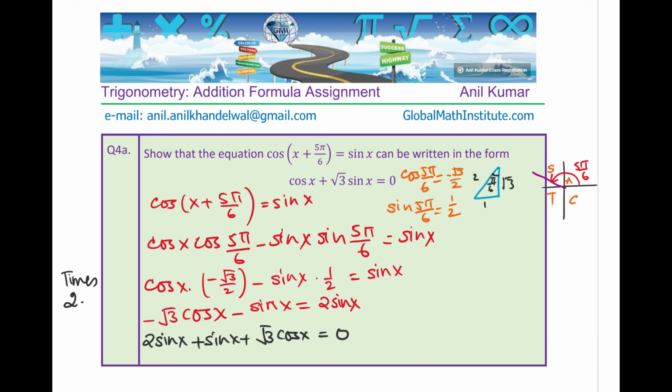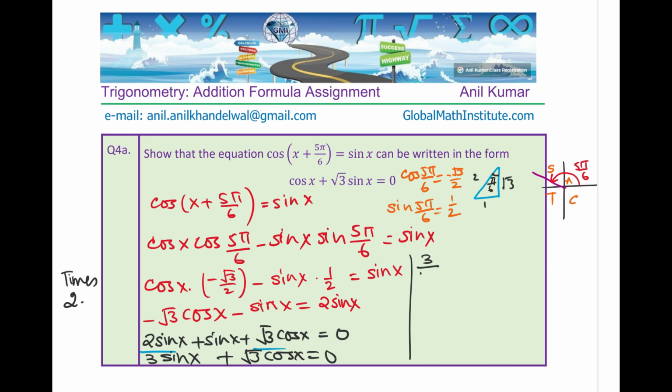So let us divide all the terms by square root 3, and see what we get. So at present, 2 plus 1 is 3. So we have 3 sin x plus square root 3 cos x, correct? Equals 0.